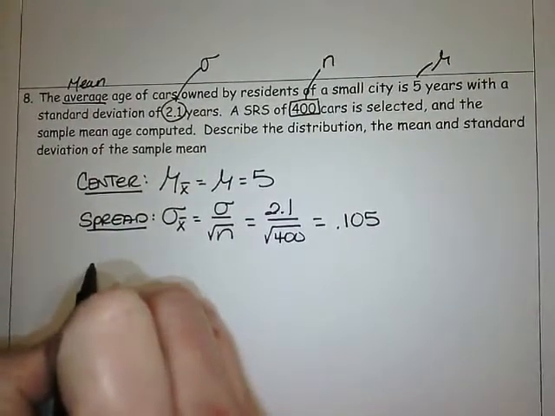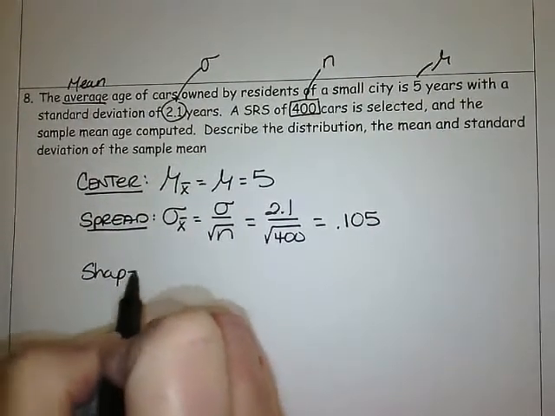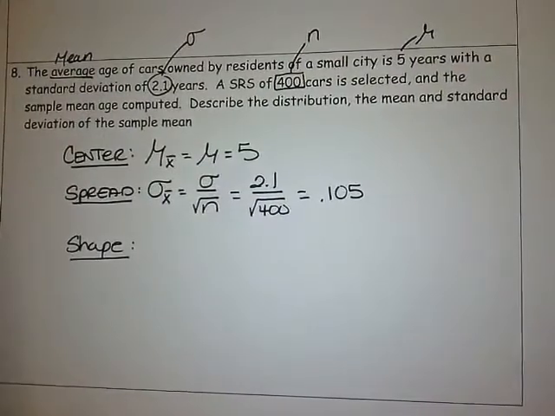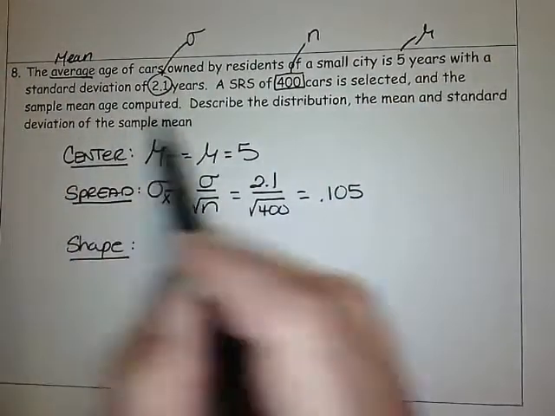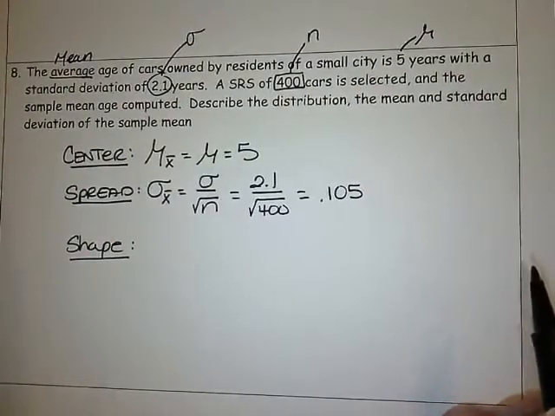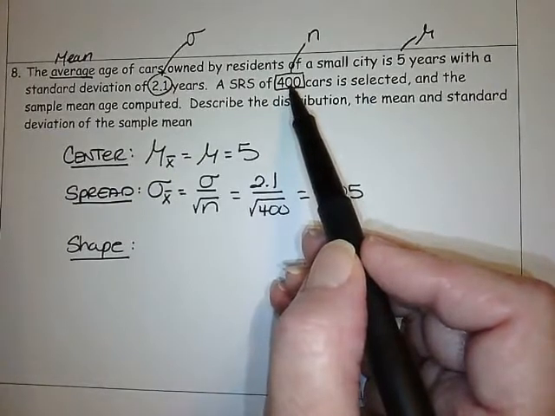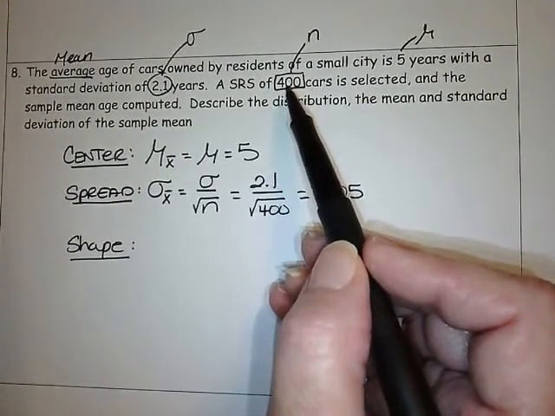And then the last thing is the shape. So with the means, we have to see if our population is normal, right? And if the population is normal, we're good to go. And then the other thing is if it doesn't say our population is normal, which it doesn't in this problem, then we have to look at our n and check to see if it's bigger than 30. If it is, then the central limit theorem kicks in.